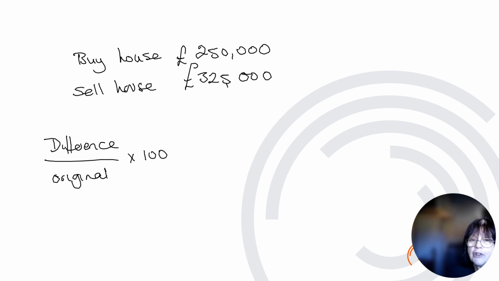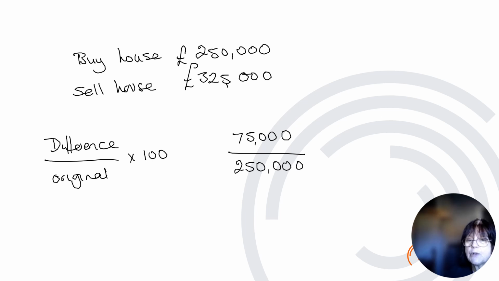So the difference, or the amount of money I've made, my profit, if you like, is £75,000, which is 325 minus 250. Out of my original purchase price of 250,000. So that's what I started with. That was my original.